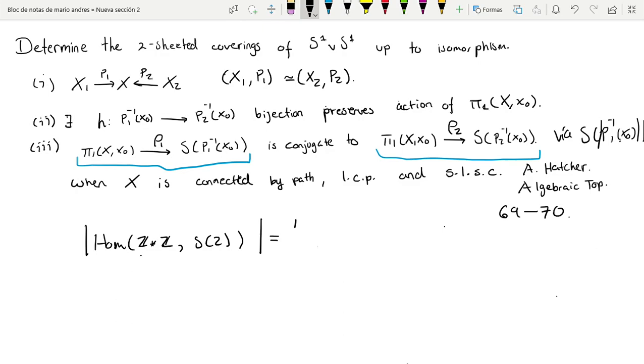Well, by the characteristic property of the free group, we can biject this with the pairs of morphisms between the additive group of integers and S2.